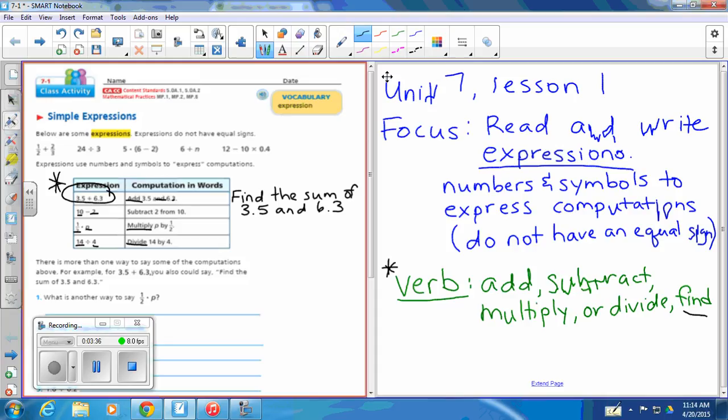Okay. For the second one down, instead of saying subtract, we can say find 10 minus 2.